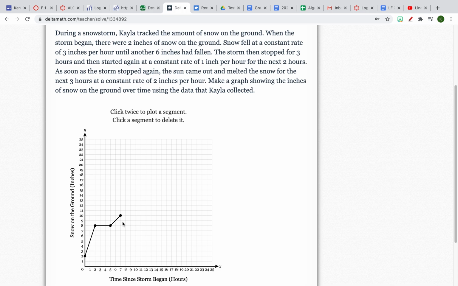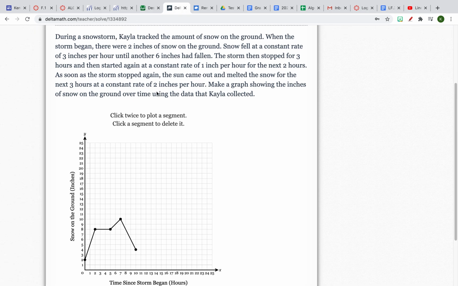That means it's going to go down. And it melted the snow for the next 3 hours at a constant rate of 2 inches per hour. So it's going to go down 2 inches and over 1. Down 2, over 1. And this is for 3 hours, so I do it 3 times.